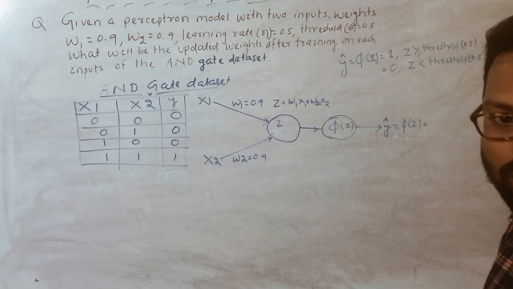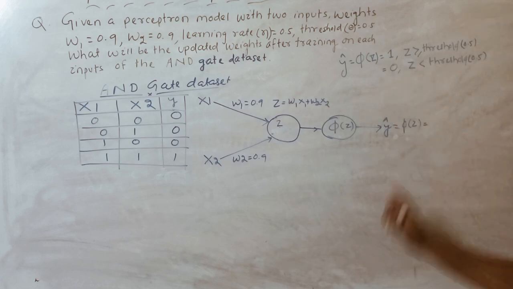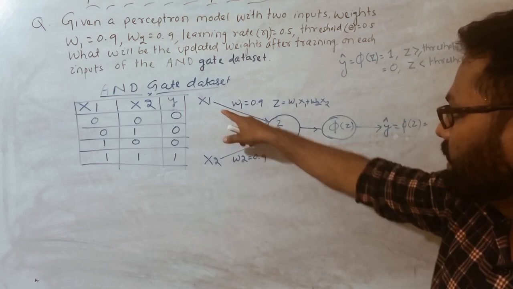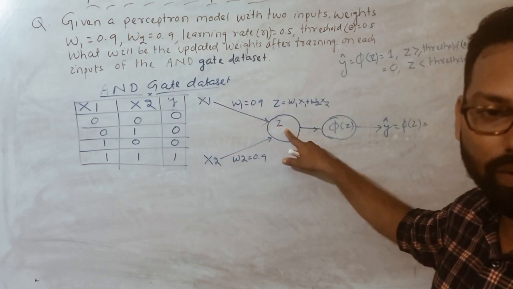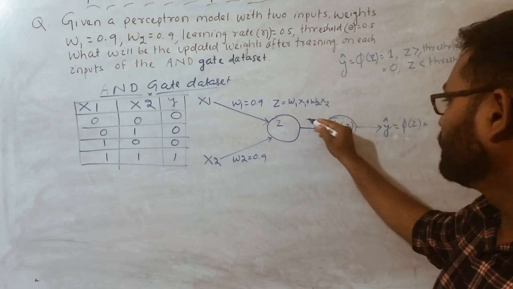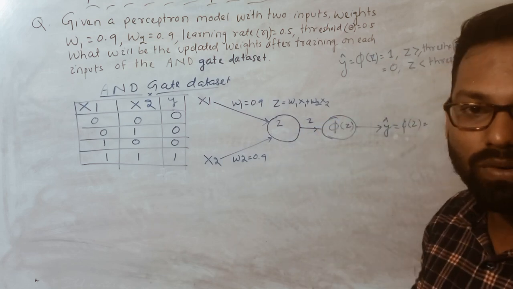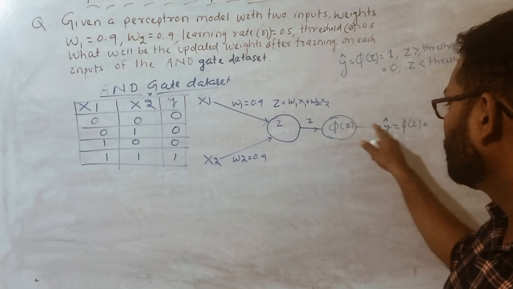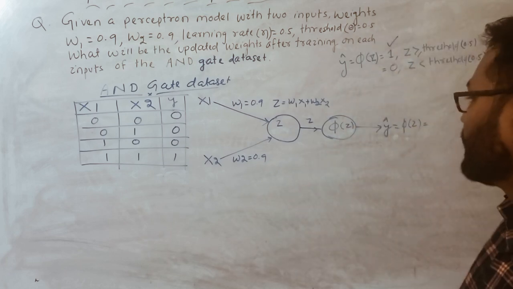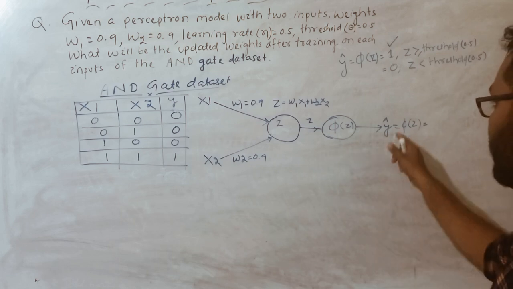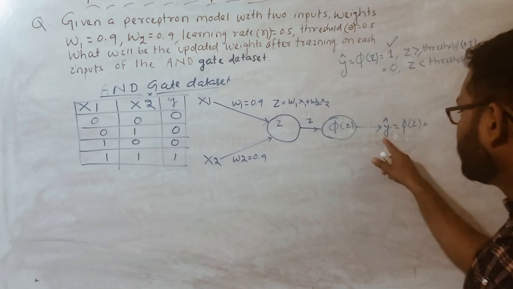If it is less than 0.5, my output is going to be 0. So what is the perceptron algorithm telling? First you have the inputs, and you find the weighted sum. Once you find the weighted sum, you provide this value to the threshold function. The threshold function will predict the output according to this logic.